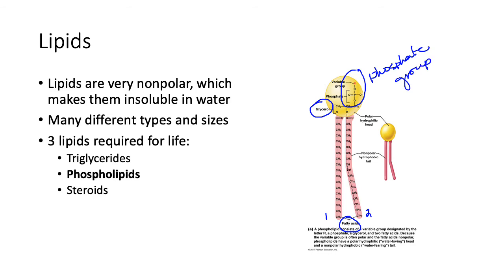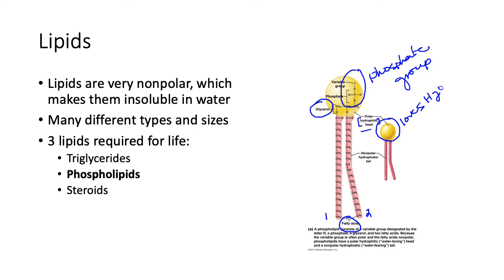What actually happens is that kind of this yellow head, so phospholipids kind of look like a balloon with two strings. The balloon portion of this phospholipid is very polar. What that means is that it loves water. Another term that we can use for water loving is hydrophilic.